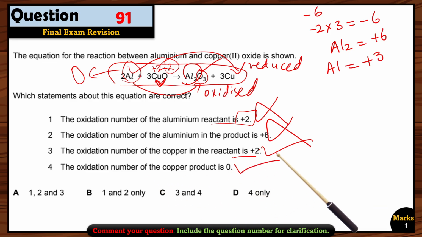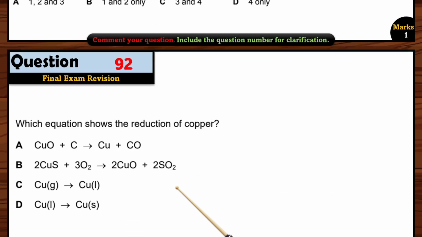Yes, that is also right, because copper is in the element form now. Anything that is present in the element form or in the molecule form but not in a compound has an oxidation state of 0. So options 3 and 4 are the right options. That is option C. I hope this is clear to you: any element that is in the element form or molecule form but not in compound form will always have an oxidation state of 0.